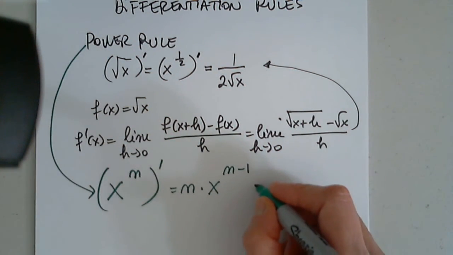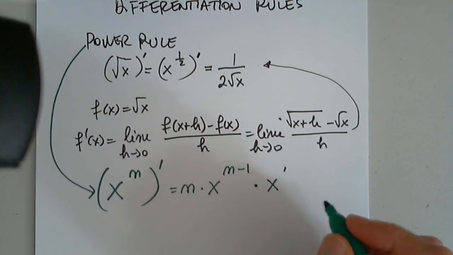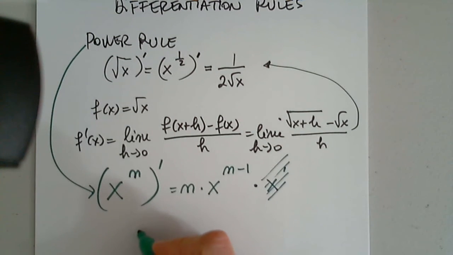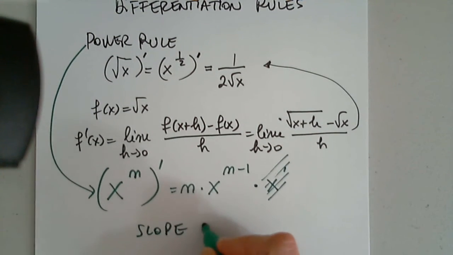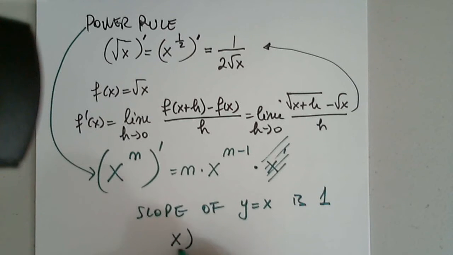I should also continue to multiply by x prime. There is no need to multiply by x prime here because the slope of y equals x is 1, which means x prime is 1. Okay? Please ask anything if you have any questions.